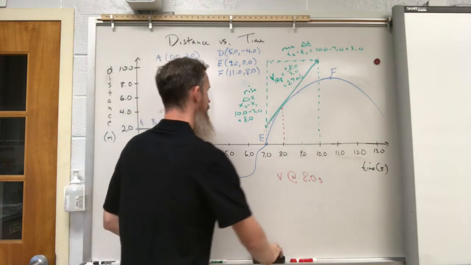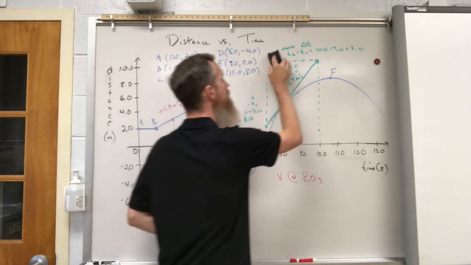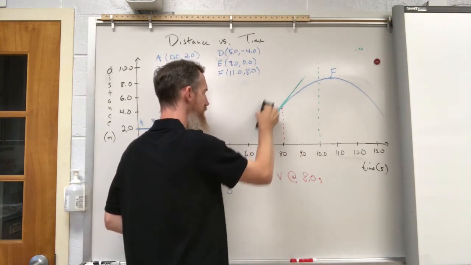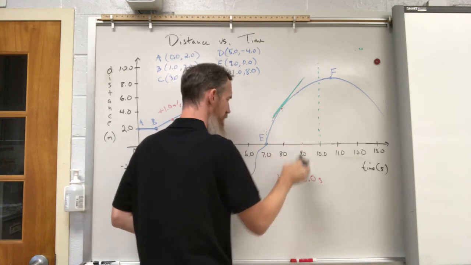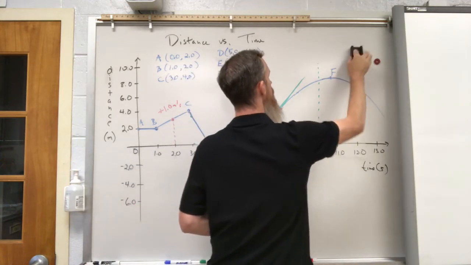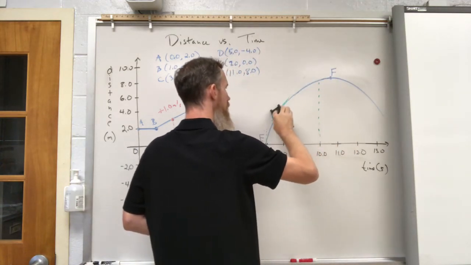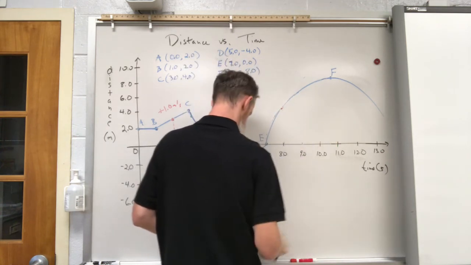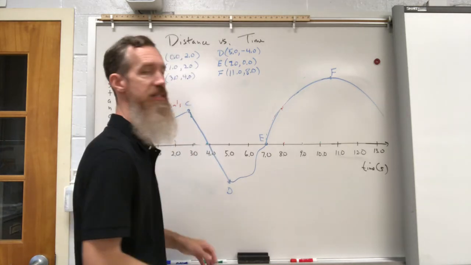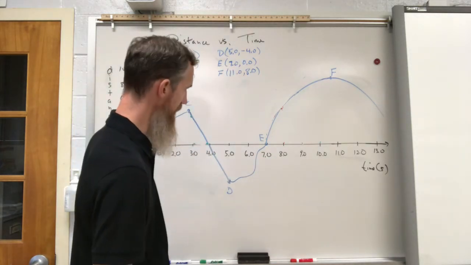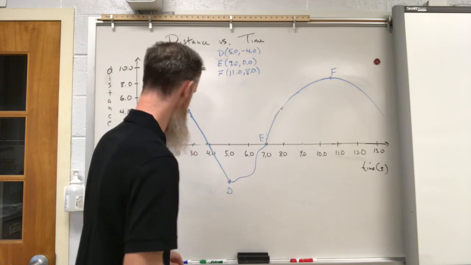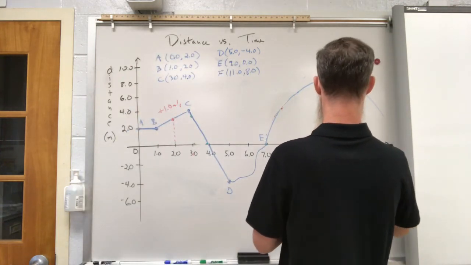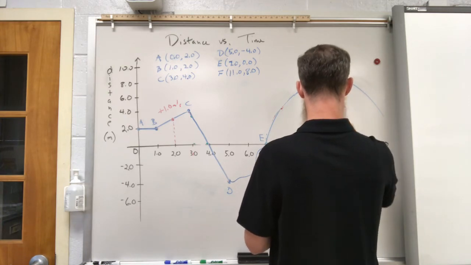Now, I'm going to quickly erase all this because you can find the instantaneous velocity at any point along the graph, really. What's an interesting point is, well, what's instantaneous velocity at 11 seconds? So if I go to 11 seconds, which should have been here, so I'm going to fake it a little bit.